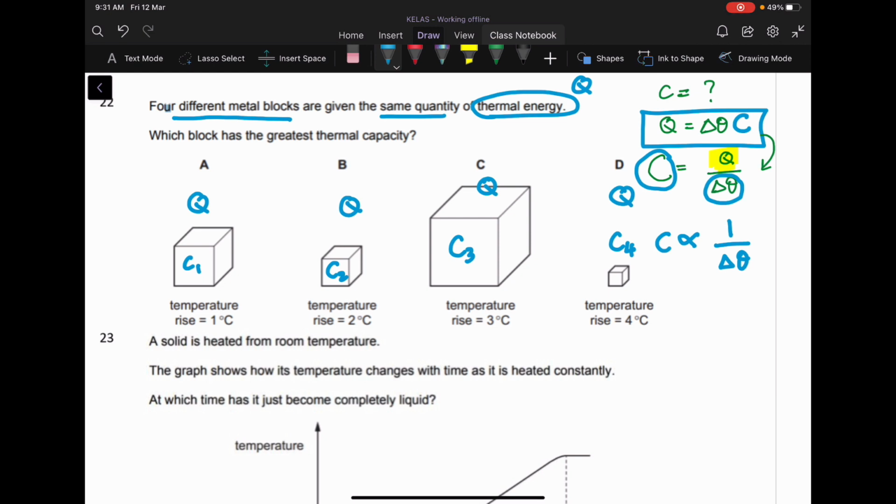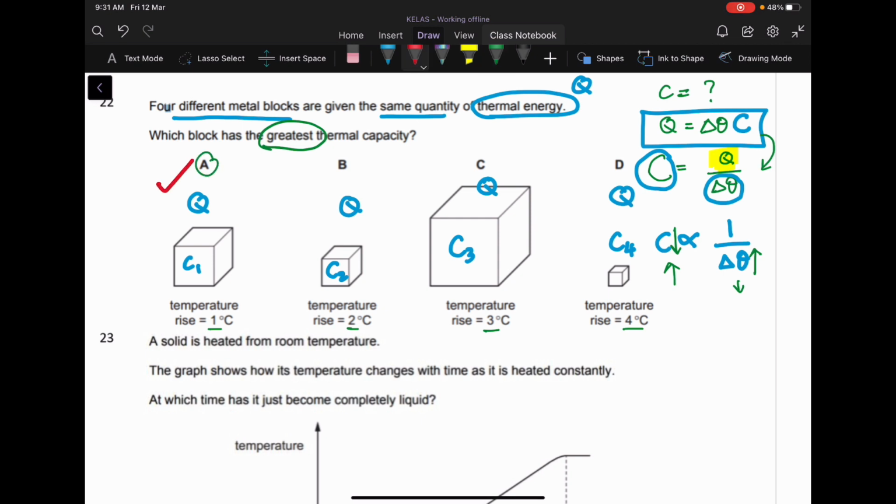That means if the temperature change is high, the thermal capacity is low, and vice versa. Which block has the greatest thermal capacity? We want C high, so the temperature change must be low. So this one, 4, 3, 2, 1, this is the lowest. So that's the answer, 22A.